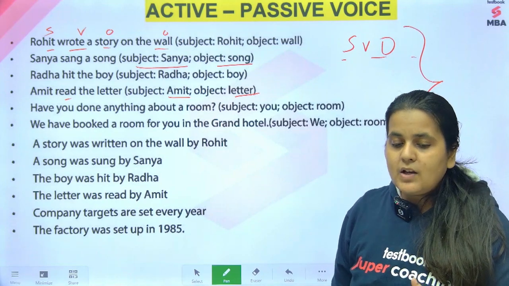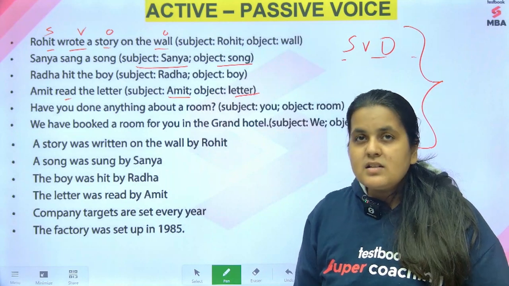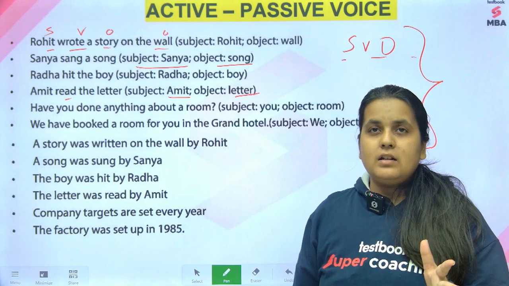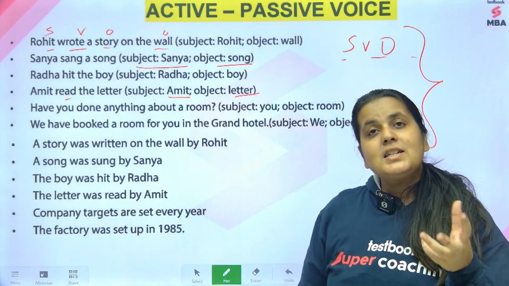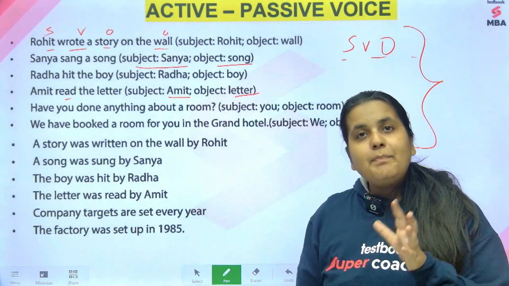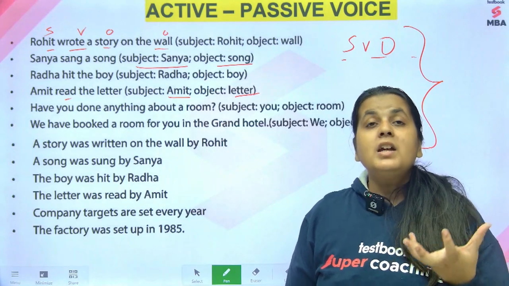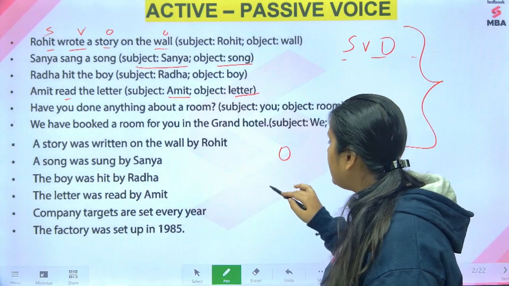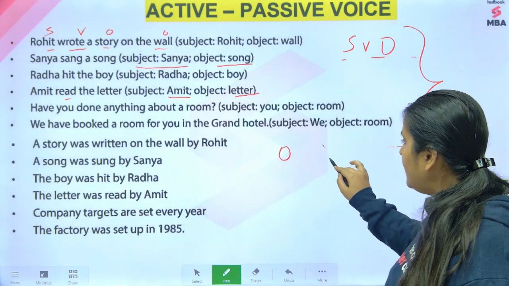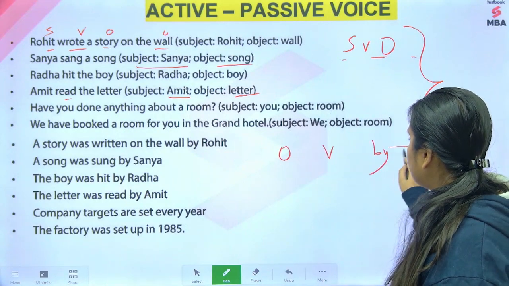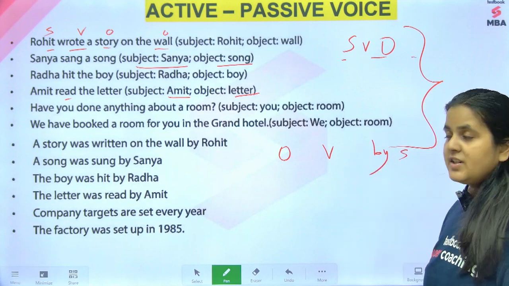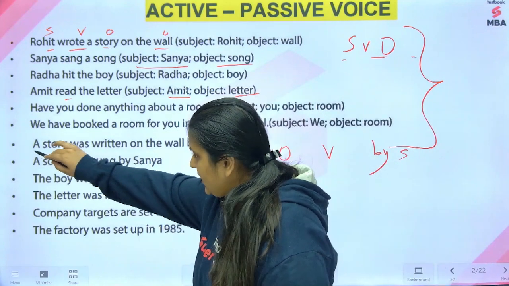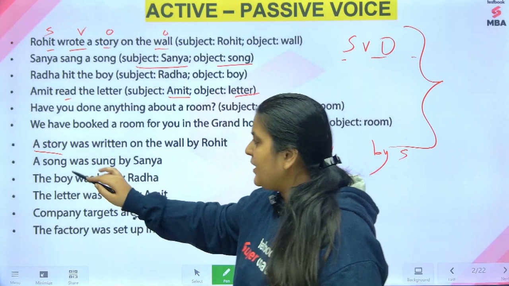अब passive voice में क्या होता है? The same sentence without changing the meaning, we write it in a different form of passive voice, जहाँ पे the object comes first. So it's mainly like object, verb done by the subject. For example, a story, the object is coming first here.